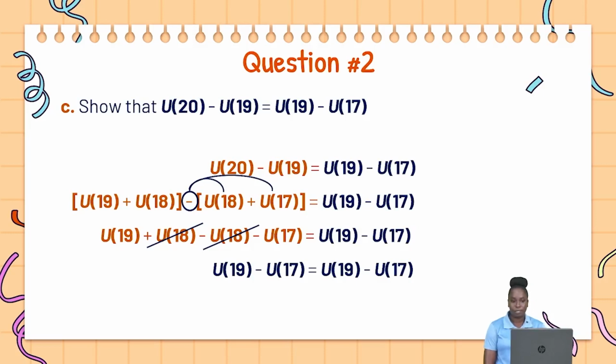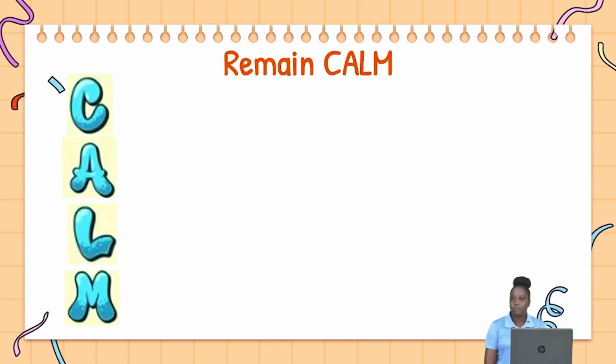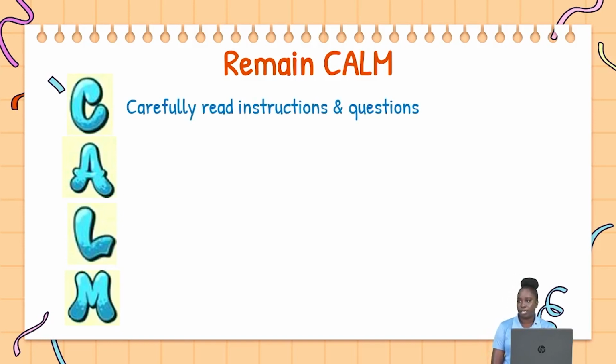This concludes our question. Just to recap some of the tips in a concise manner, we want to remember that one of the final tips that we were given was to remain calm. And so we want to carefully read instructions and questions.